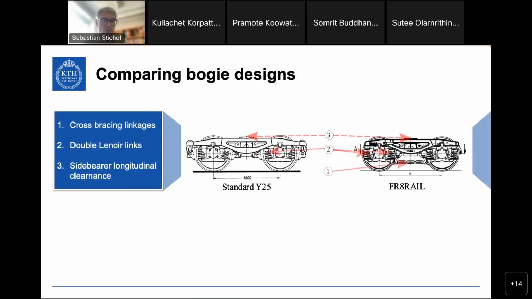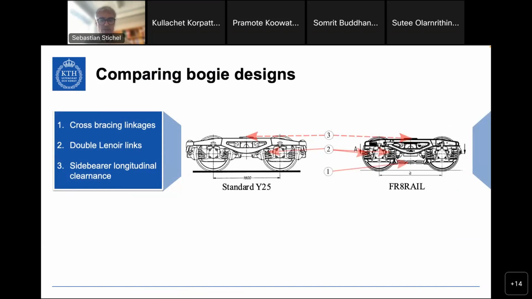Also recently we have been working in a European research project within the big research program Shift2Rail, and one study we made is to compare two types of freight wagon running gear. On one hand, the standard Y25 running gear that has been used for many decades, and then a new running gear developed by Tatravagónka in the EU project.